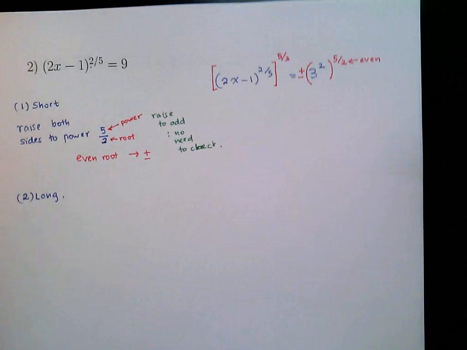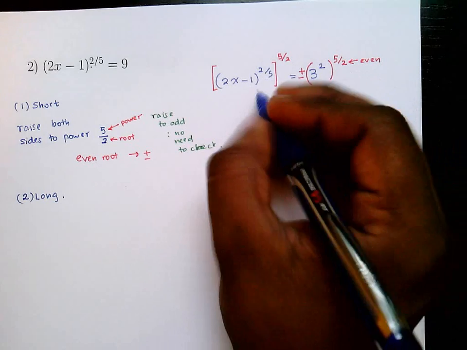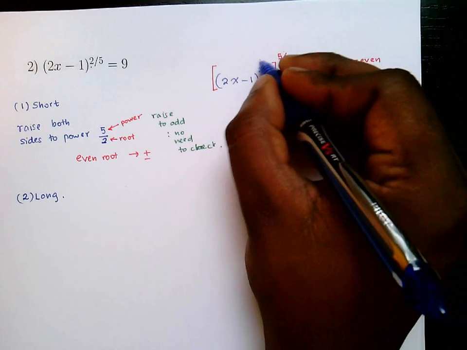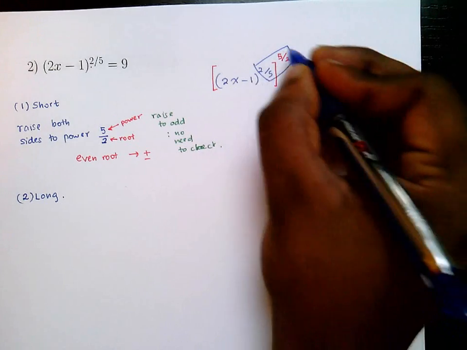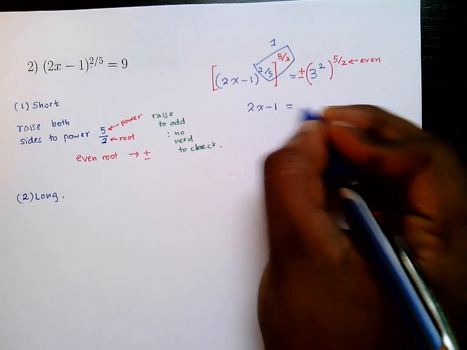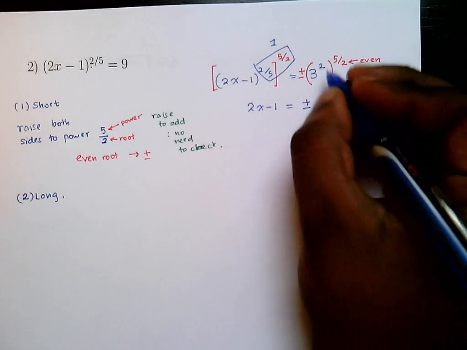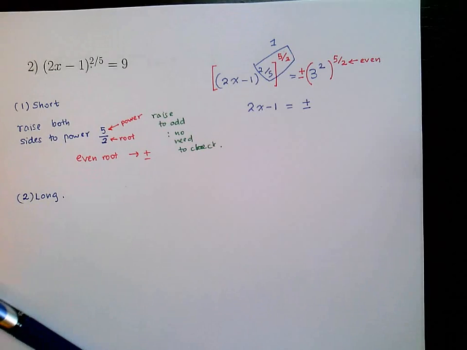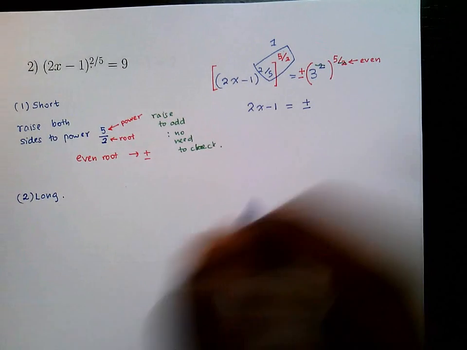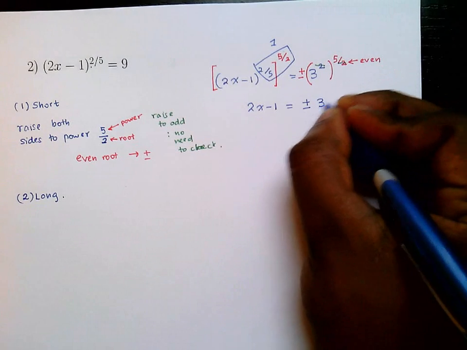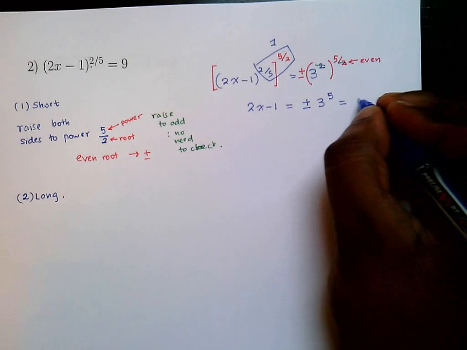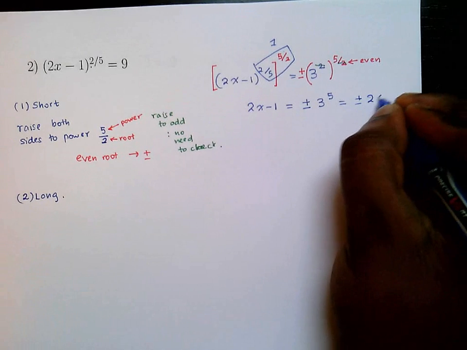So what I have here is just 2x minus 1 because this would cancel off. And here I have plus or minus, this would cancel off like this. It would be 3 to the power 5, which is 3 times 3 times 3 times 3 times 3, that is plus or minus 243.